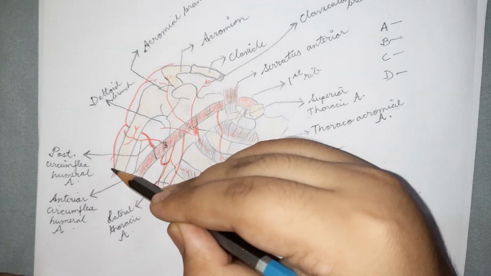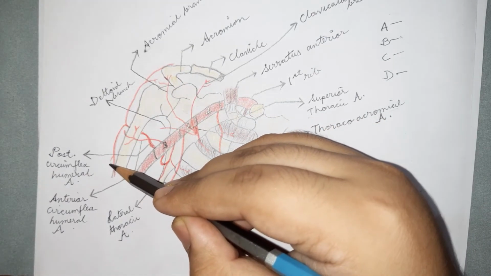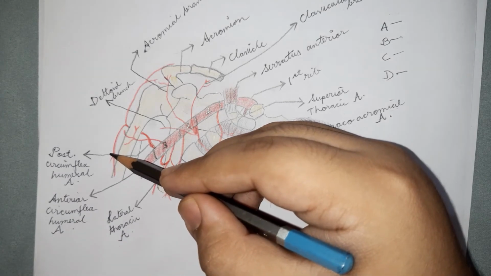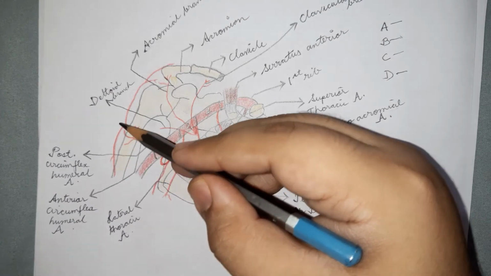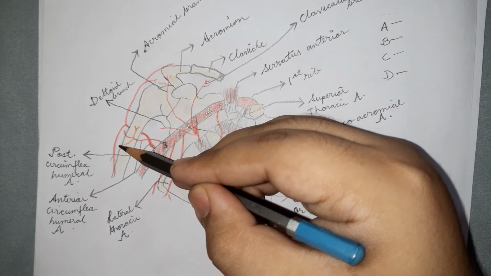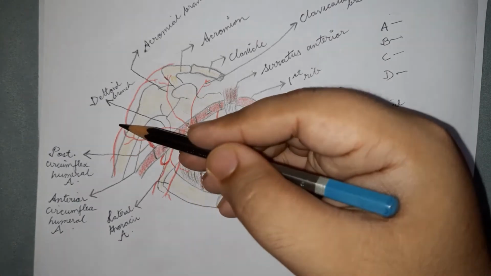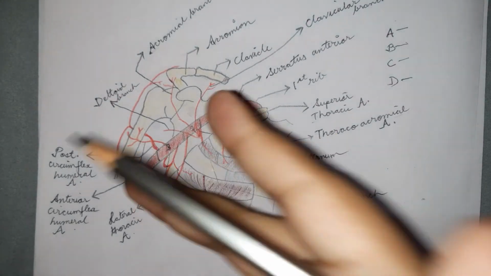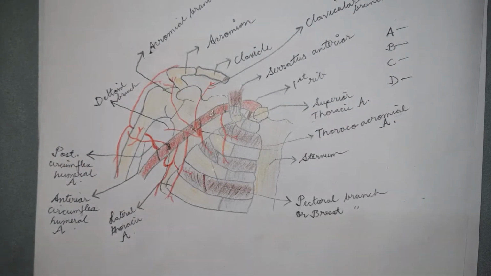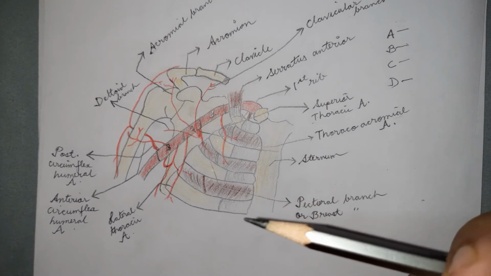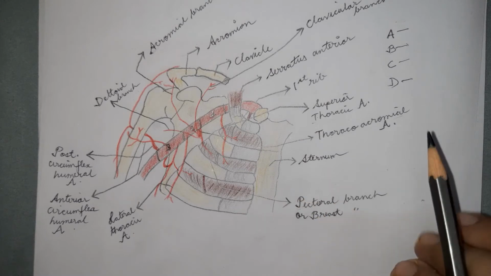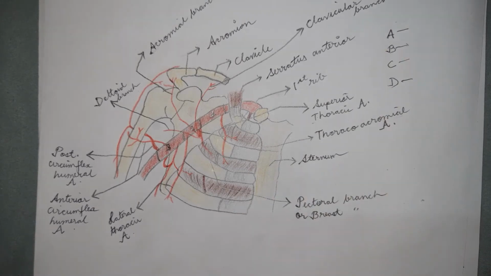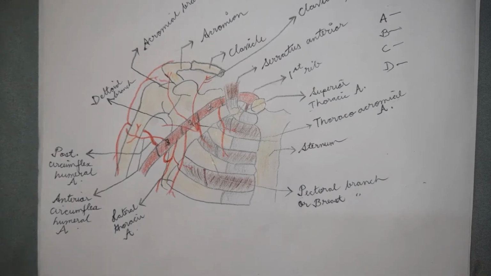This descending branch, on the other hand, we will also talk about later, because it will anastomose with the ascending branch of the profunda brachii artery. When we talk about arm anatomy, we will discuss this. So right now our scope is a little limited, that's what I'm trying to point out. Do not worry. That completes the anterior and posterior circumflex humeral arteries.